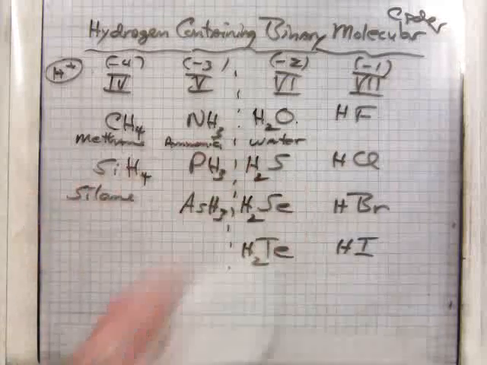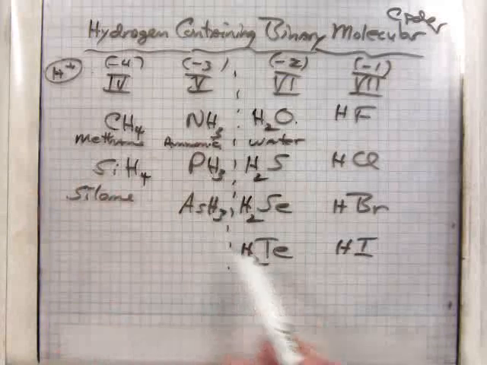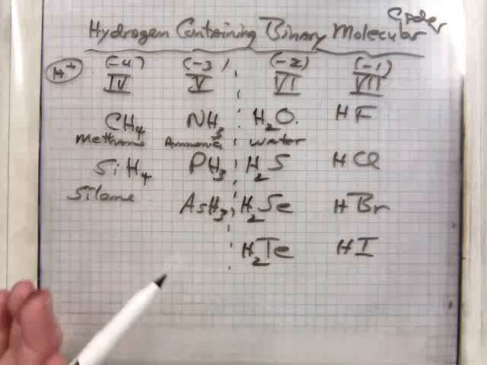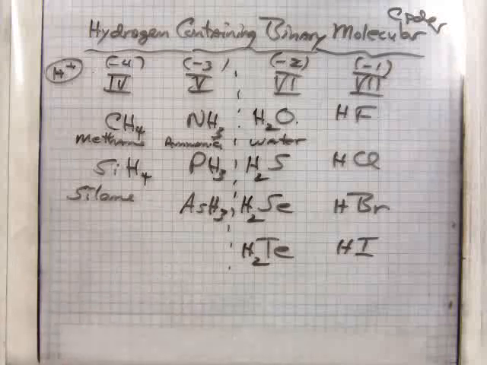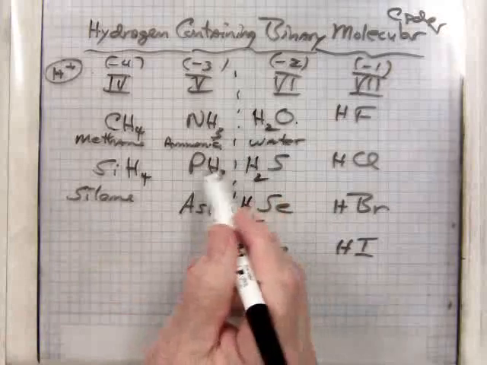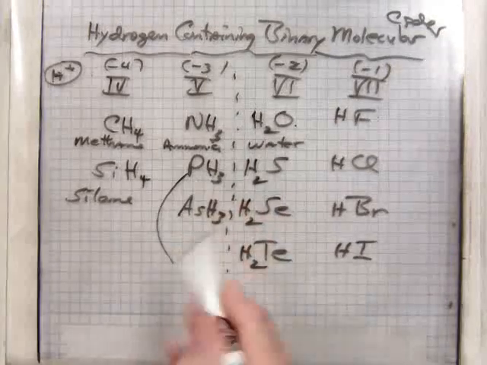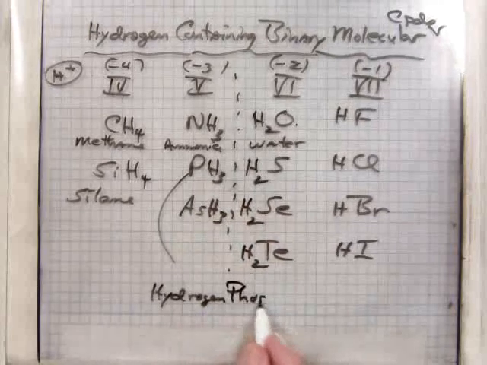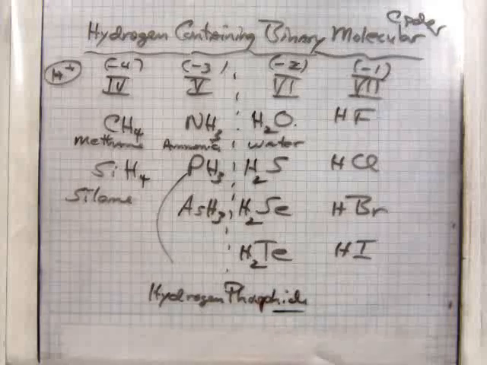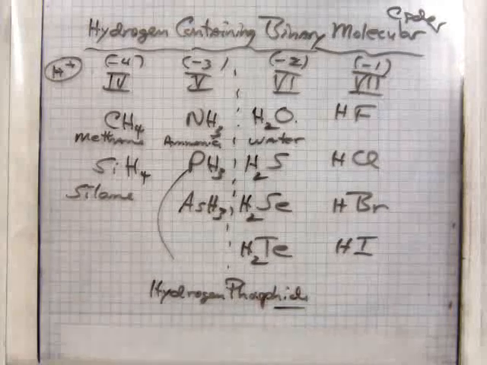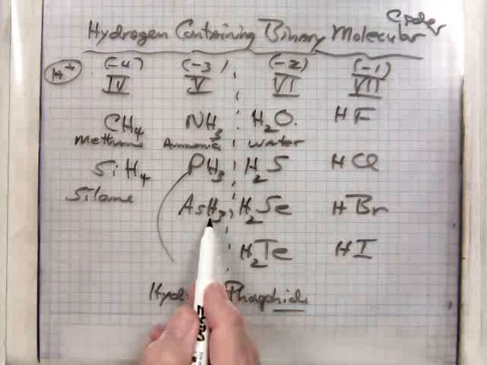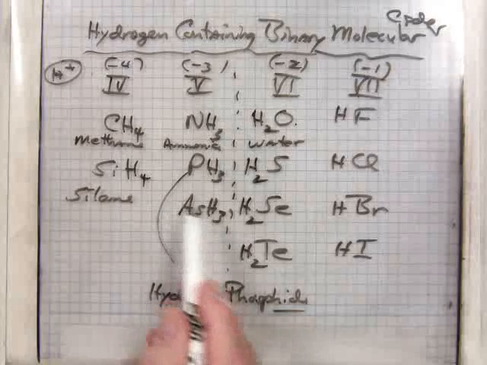the way you name the remaining structures is you say hydrogen followed by the anion with an IDE ending. So this would be hydrogen phosphide. And as I mentioned earlier, if the IDE ending is attached to the nomenclature, it means there's only one of that element there. And you can see that easy enough. And naming this one, that's arsenic, so it's only one of them, so it's hydrogen arsenide.